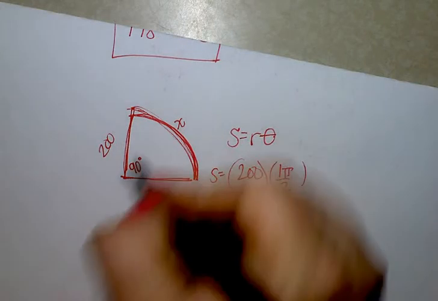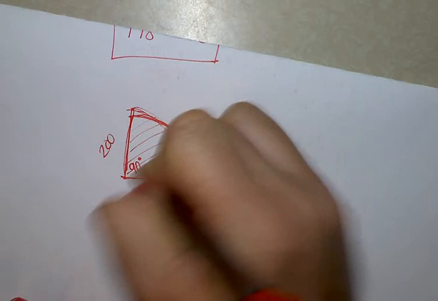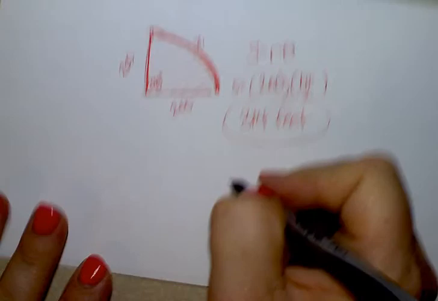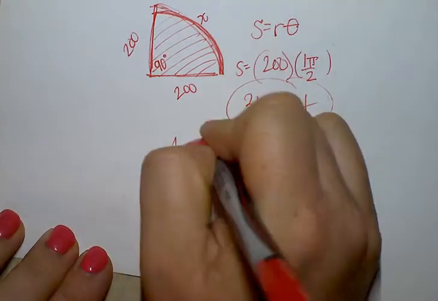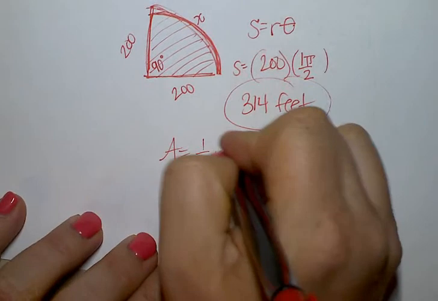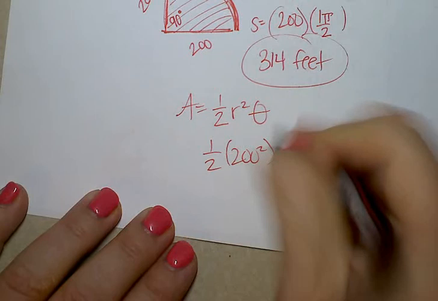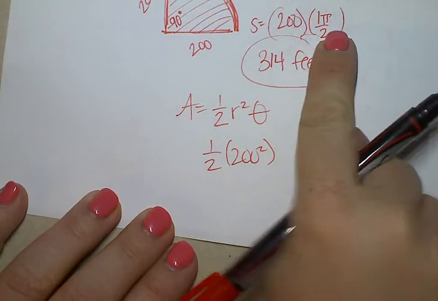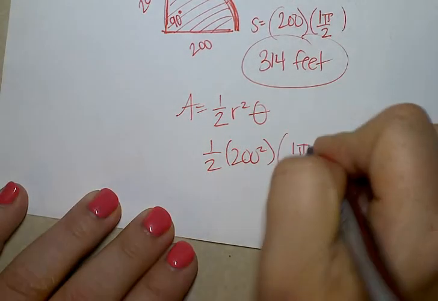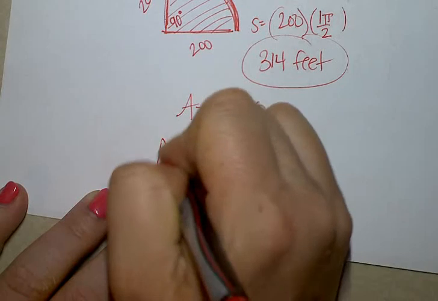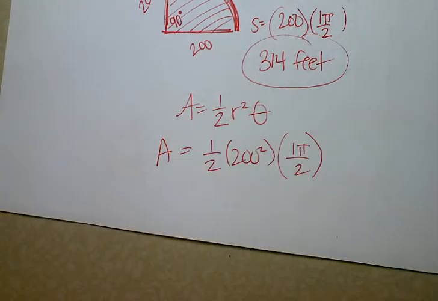For the area of this sector, which is the softball field, we're going to use the formula A equals 1/2 R squared theta. So 1/2 times 200 squared, again not 90, but we use 1 pi over 2. Let's see if you can plug it in and get the answer. Round it to the nearest foot.